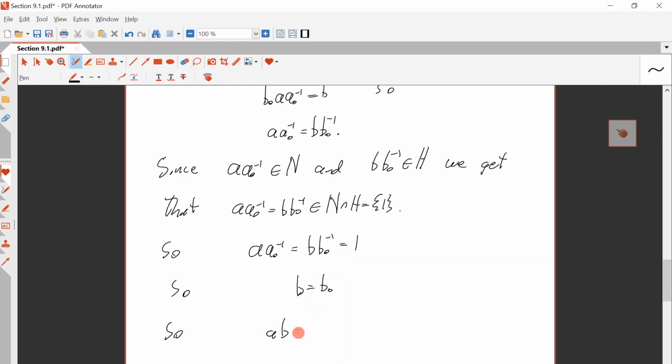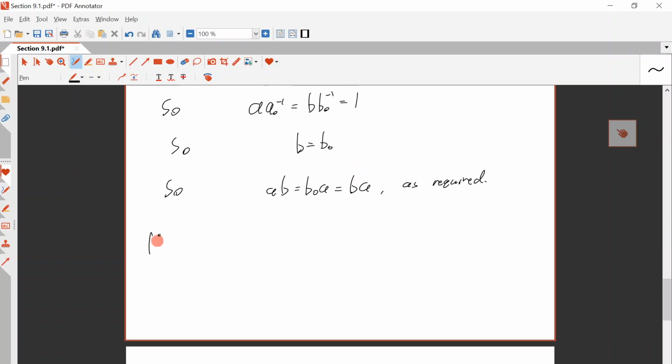So AB, which was equal to B0A, is equal to, well, that's just BA, as required. Okay, so if you take an element of N and an element of H, then they must commute. Their products must commute. AB is equal to BA.